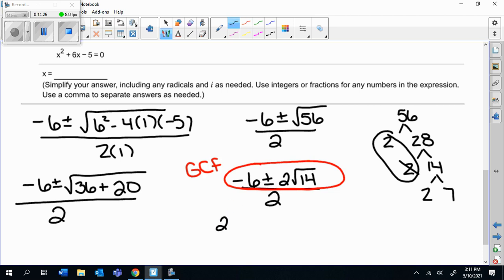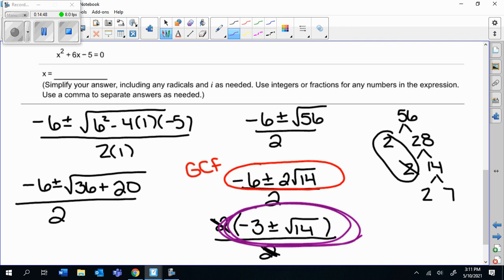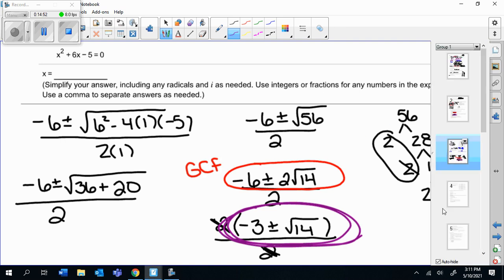So when I pull that 2 out, I get -3 plus or minus, the 2 comes out. So only the radical 14 is left over 2. And then that cancels with that. So this is the final answer right there. All right.